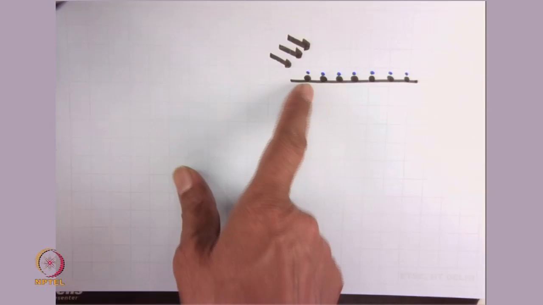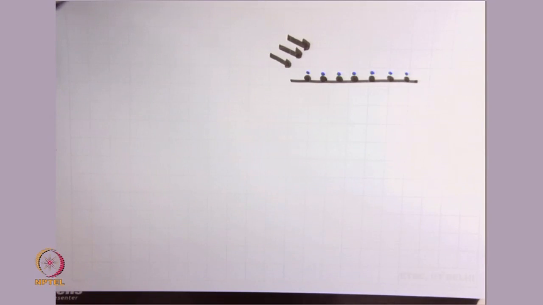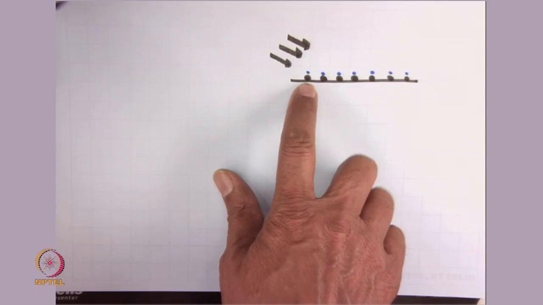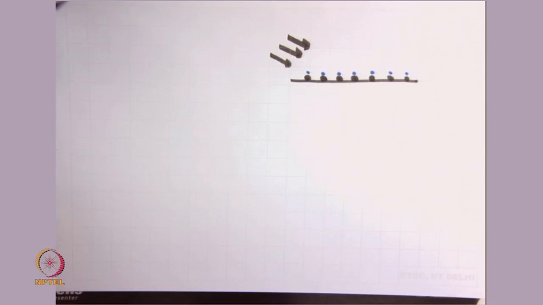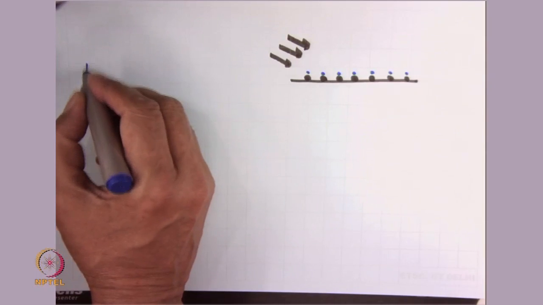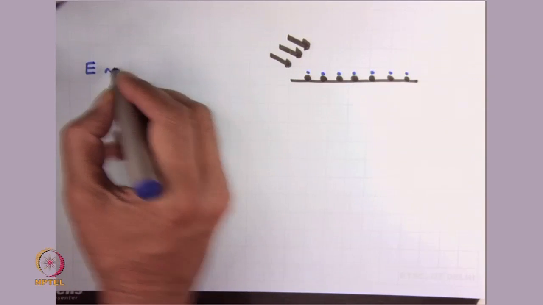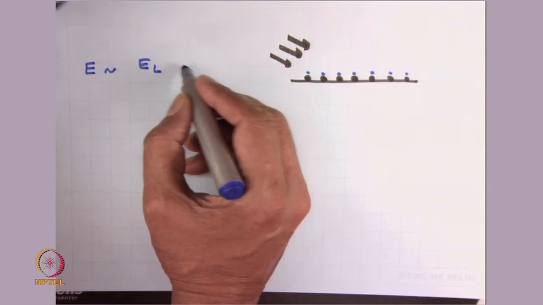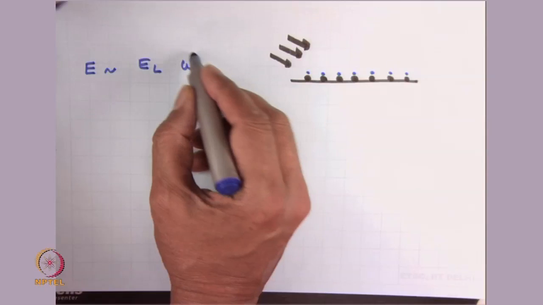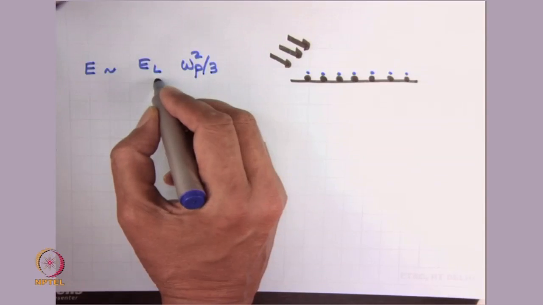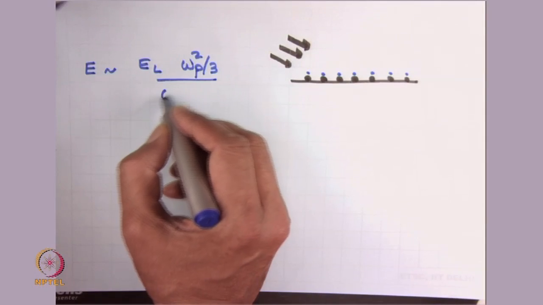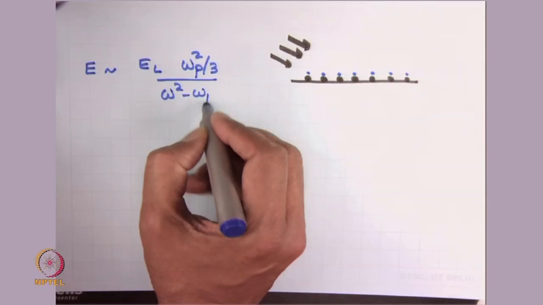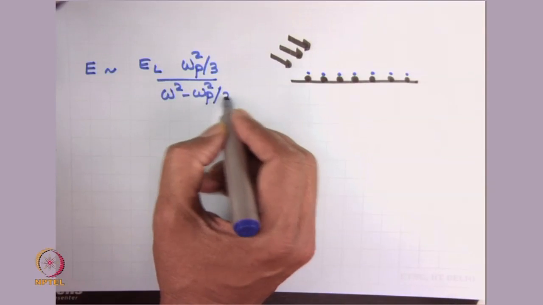When laser light falls on a dust particle, on a particle which is also a silver particle, in that case this field is enhanced by a factor. So, E inside the particle is equal to the laser field that has come out from there multiplied with the enhancement factor, which was omega_p squared by 3 upon omega squared minus omega_p squared by 3.